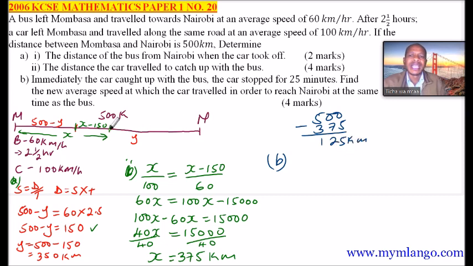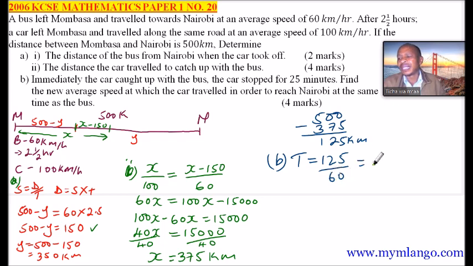So it means the distance the bus has to cover is 125 kilometers to Nairobi. So we can get the time it took, which is the distance remaining, 125, divided by the speed, which is 60.